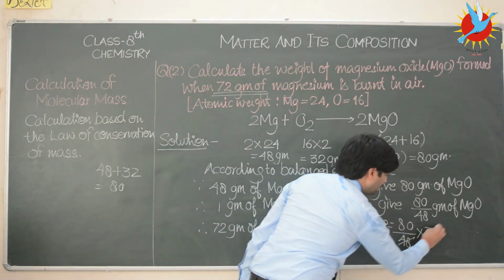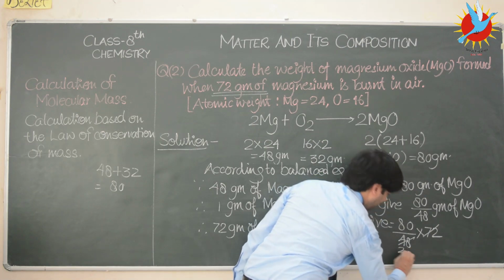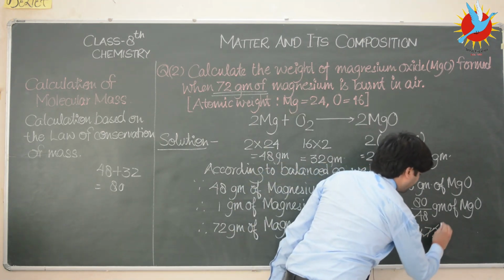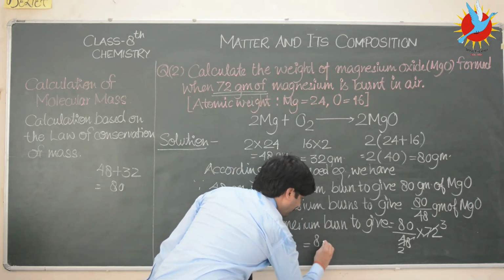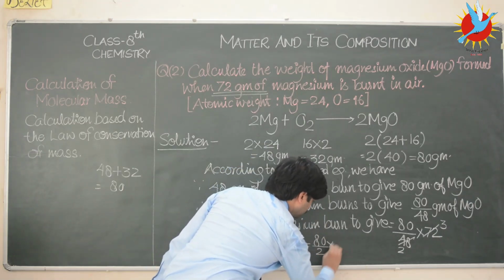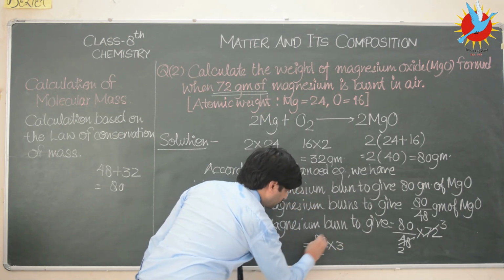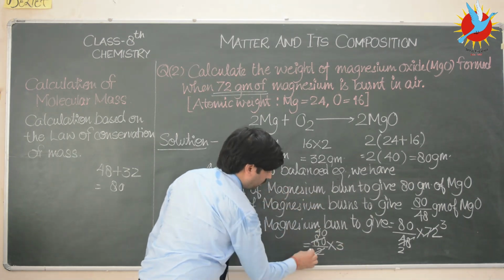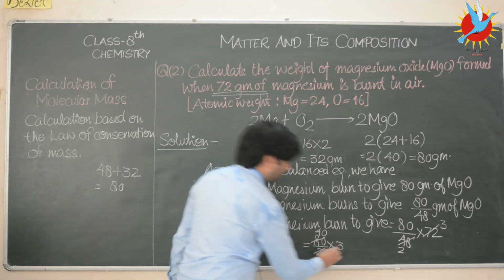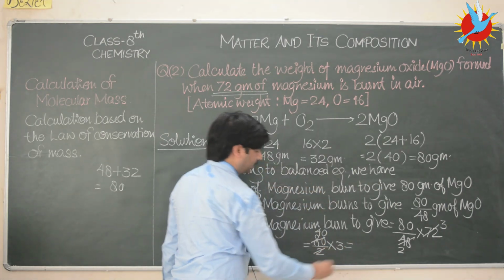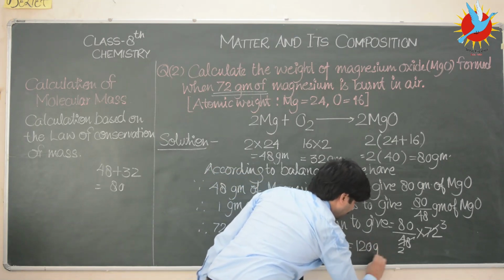So 24 2s are 48, 24 3s are 72, that comes 80 upon 2 into 3, 2 4s are 8 and 0, that 40 2s are 80, 40 into 3 comes 120.